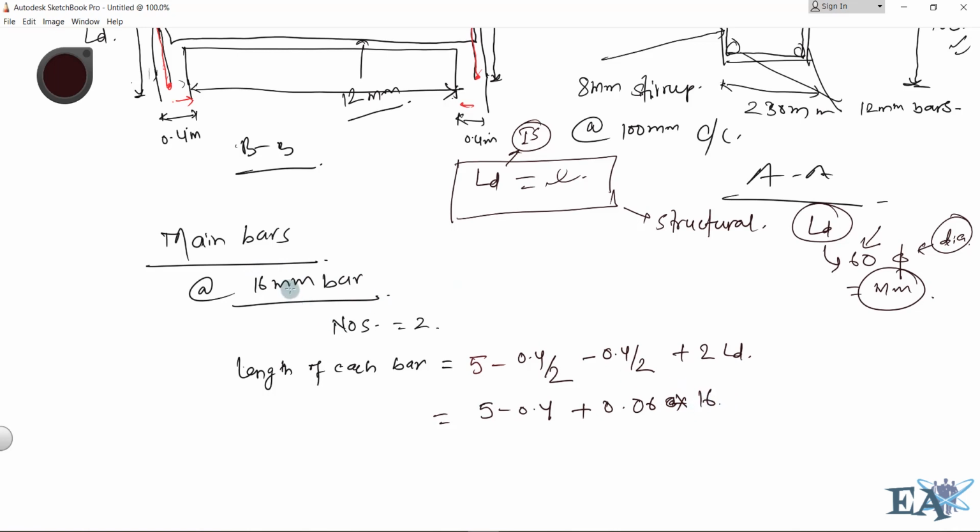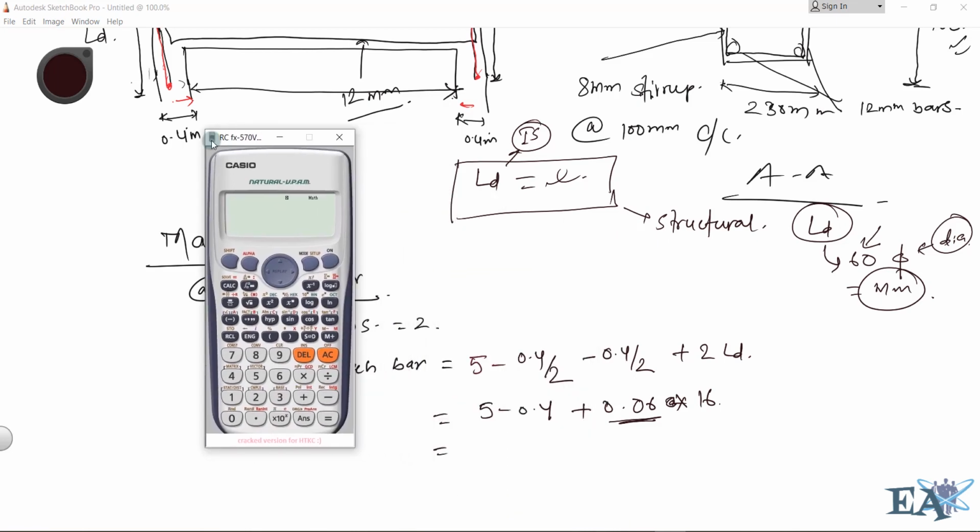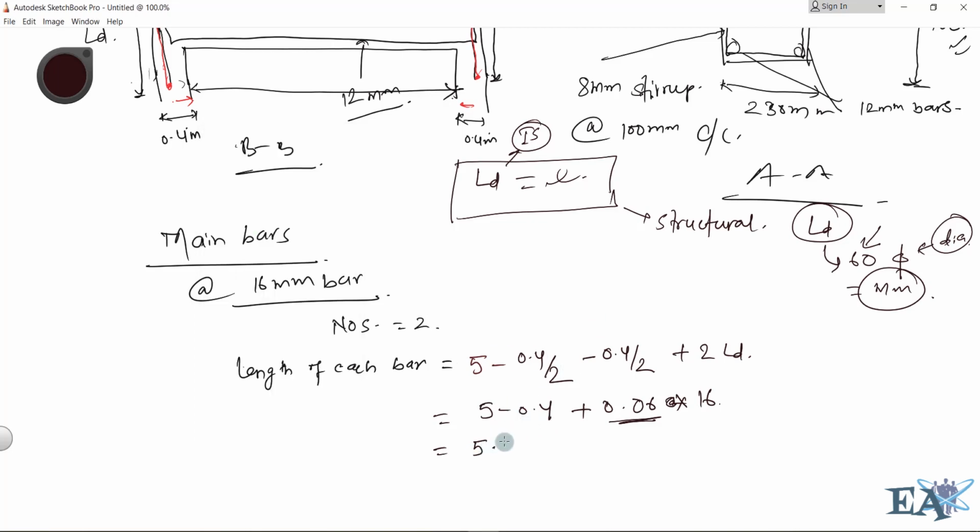Now if I calculate it using the calculator, and if I make a calculation mistake anywhere, please correct it yourself. So plus 0.06 into 16, this is equal to 5.56 meters.